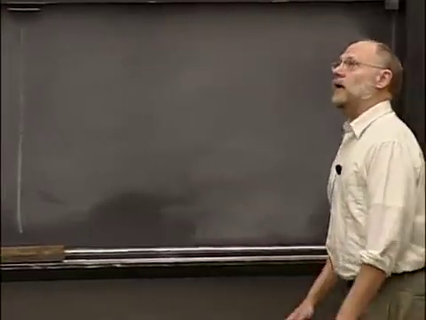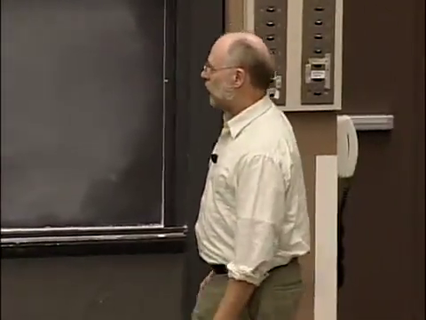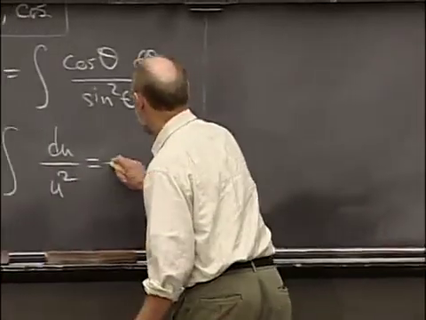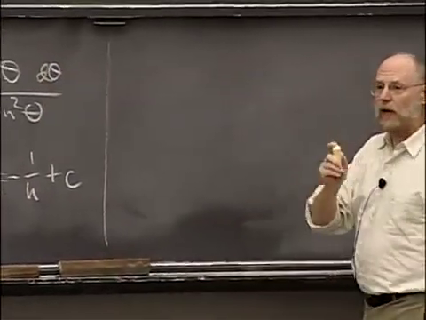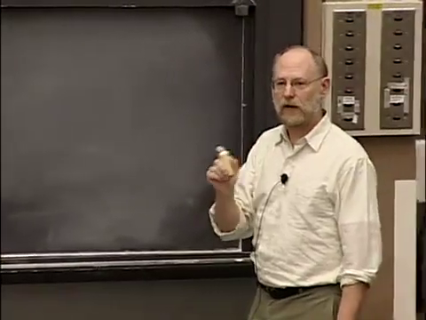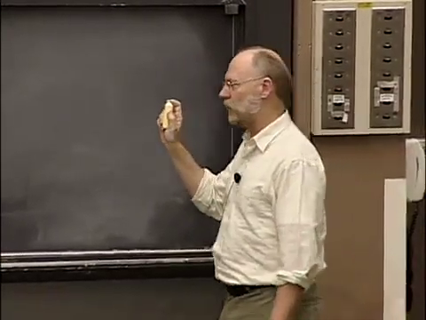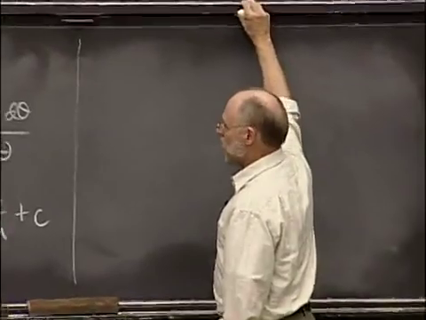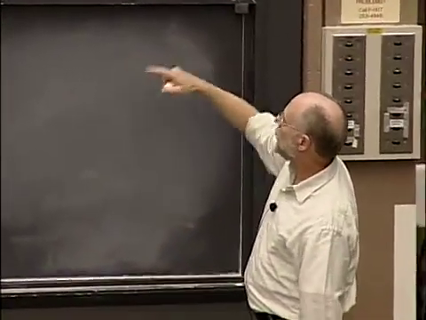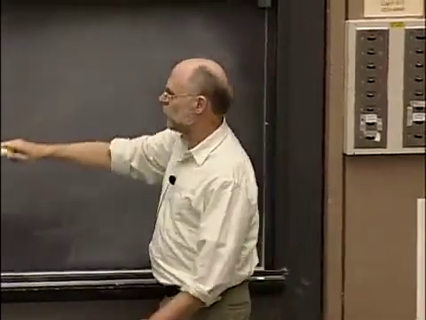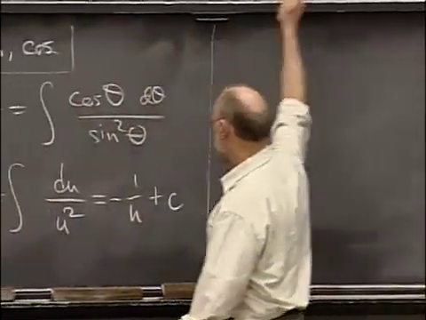So I integrate u to the minus 2 du, and I get minus 1 over u plus a constant, and I'm done with the calculus part of this problem. I've done the integral now, gotten rid of the integral sign. But I'm not quite done with the problem yet because I have to work my way back through two substitutions. First this one, and then this one.